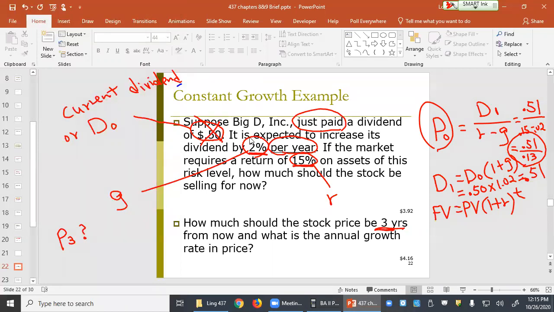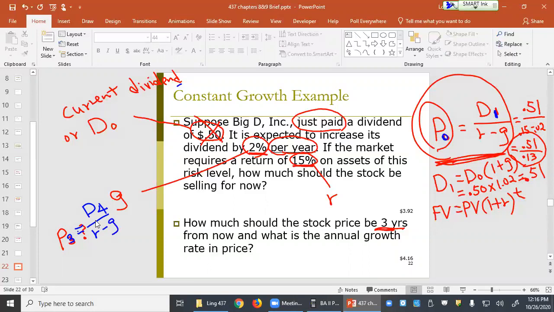Given that we still have a constant growth scenario, we're going to go back to the basic constant growth equation on the right-hand side, which says P0 equals D1 divided by R minus G. What I emphasized earlier was that this dividend in the numerator is always 1 period after the price. If you're solving for P0, you use D1. If you're solving for P3, you have to use D4 in the numerator. Then the denominator remains the same, which is R minus G.